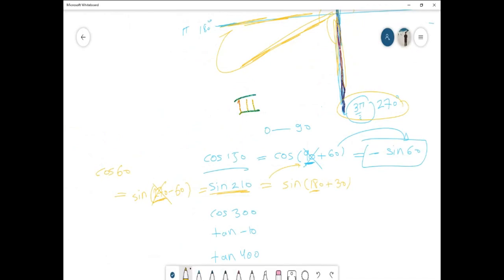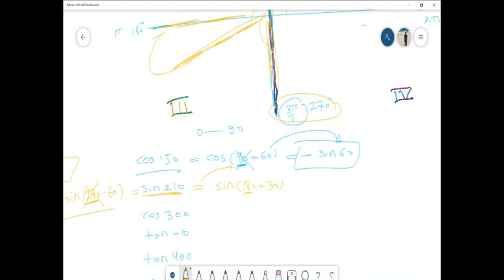It is 210. 210 is in the third section, and there only tangent and cotangent are positive, sine is negative, so it will be negative. So I get this with this boundary. What about this one? Using this boundary, as you know, 180 is on this line, so this line is safe. It's not dangerous. It will not change the sign.